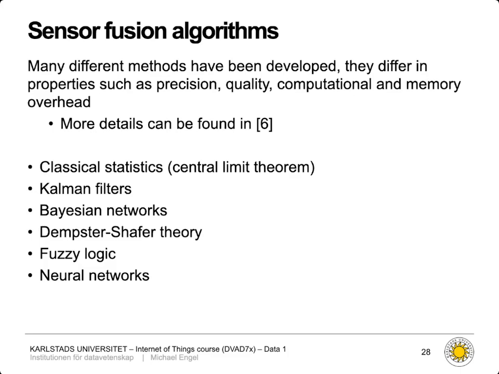Going into detail here isn't really feasible because there are so many sensors out there and so many different values that can be produced, so we need to leave it at this short list of different methods. If you're interested, please take a look at literature reference 6.